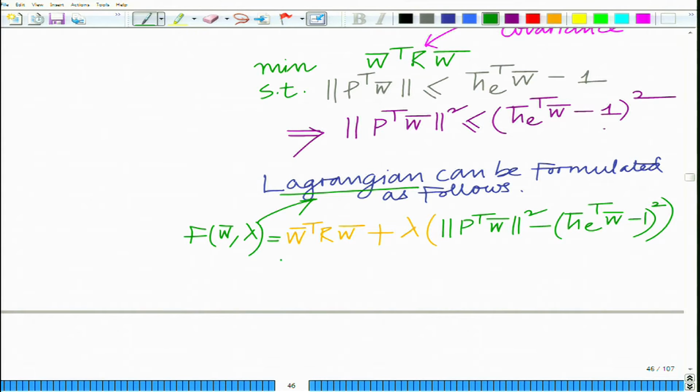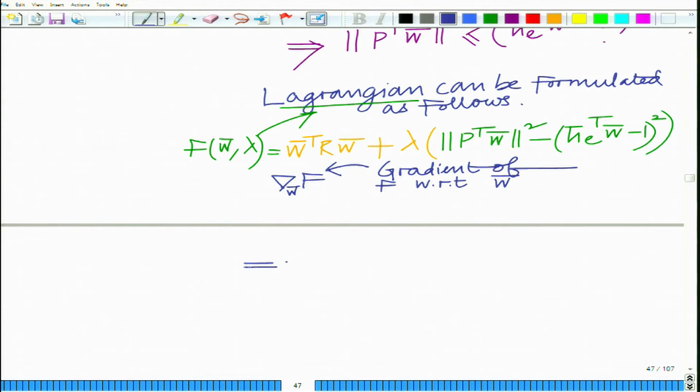Okay. Now, differentiate, take the gradient with respect to W bar. So, gradient of f with respect to W bar, and what this is, W bar transpose R W bar, we know this is twice R W bar.